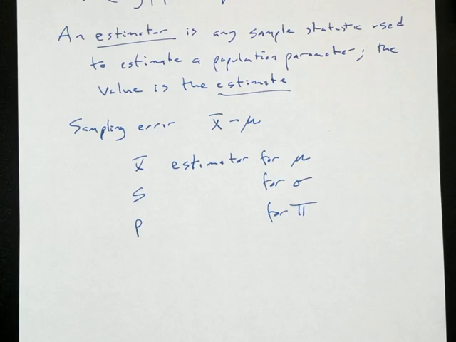Estimation draws conclusions from our samples. If we're drawing a conclusion, that's an inference. So frequently you'll hear this referred to as inferential statistics, as opposed to the descriptive statistics we had earlier.